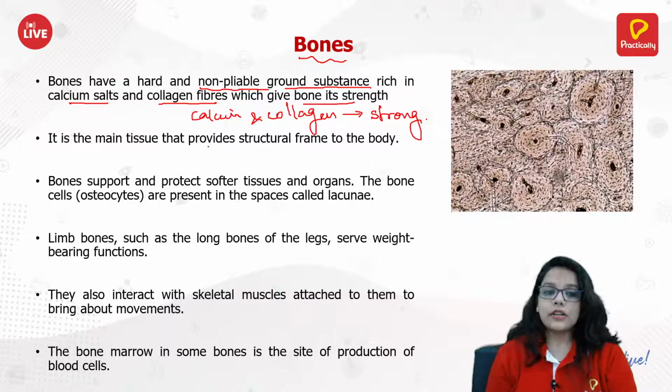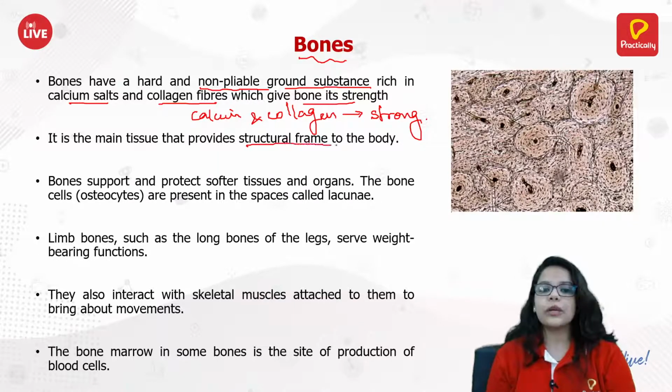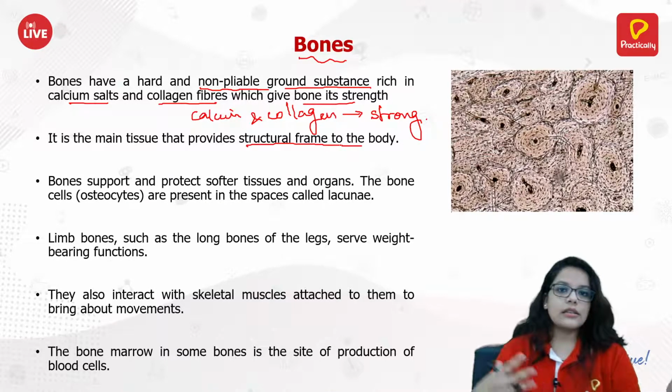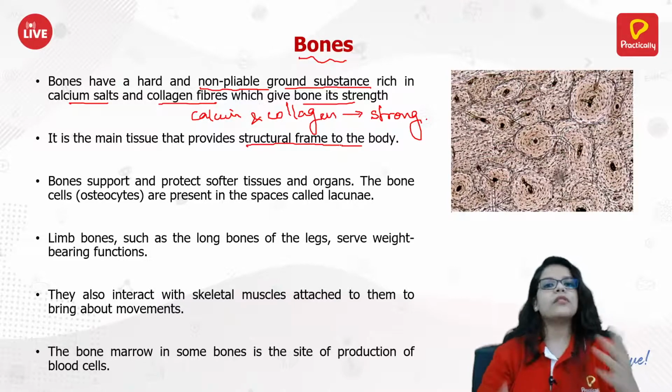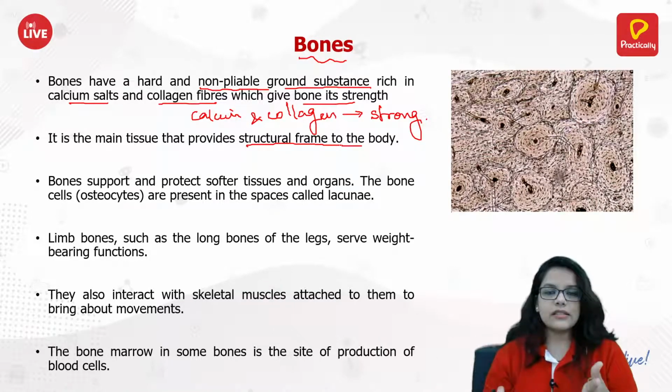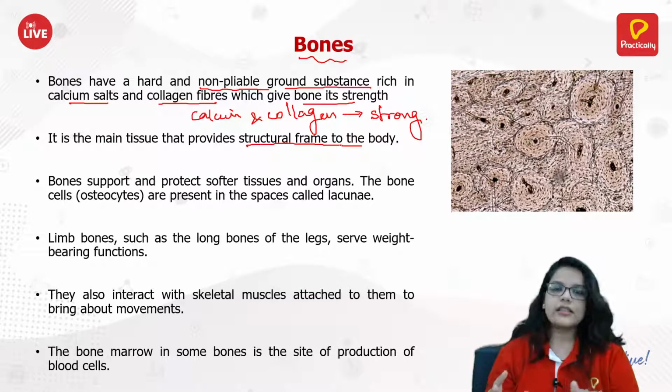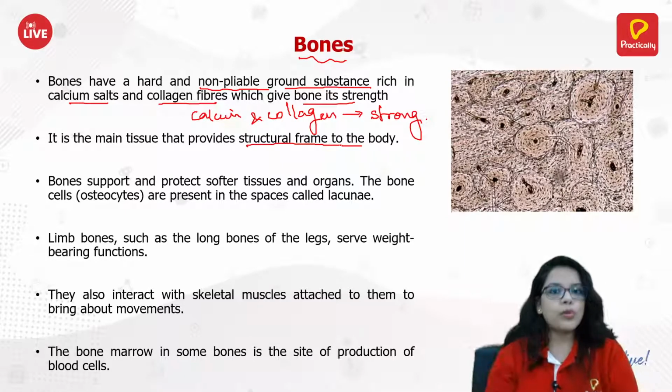Bone is the main tissue that provides the structural frame to the body. The adipocyte tissues give some structure, but the proper structure is given by the skeletal system in our body. That skeletal system is made up of bones. So it is the bones which give us the proper structure.